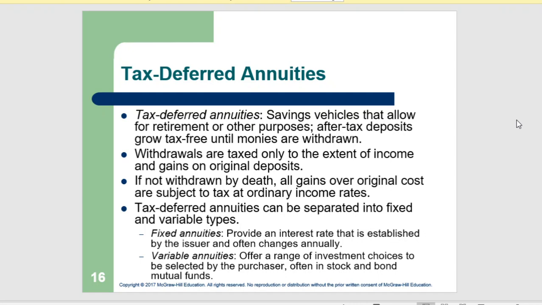So this is thinking about an estate issue, right? If a retiree dies before they get their full benefit, then there's going to be income that will occur right away, and that income will have ordinary income tax rates.